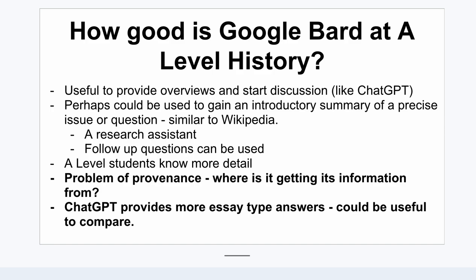I do think ChatGPT at this point gives more essay-type answers. Google Bard, again, is more of an introduction rather than attempting to answer the question fully, but both of them obviously have their limitations, and I don't think they can replicate the level of detail and analysis that A-level students can do. But it's a useful tool, as I say, for research into a topic.